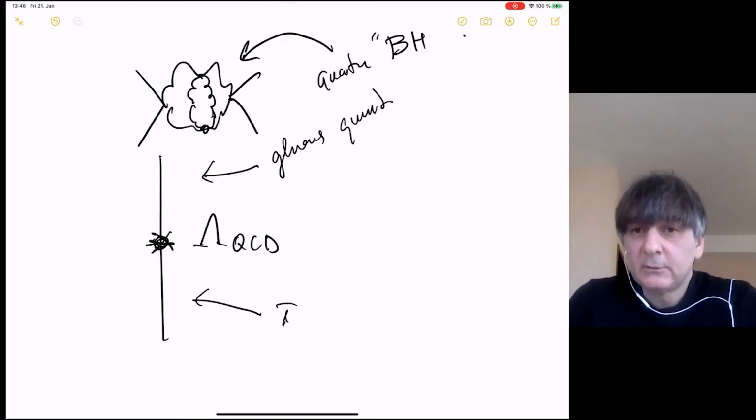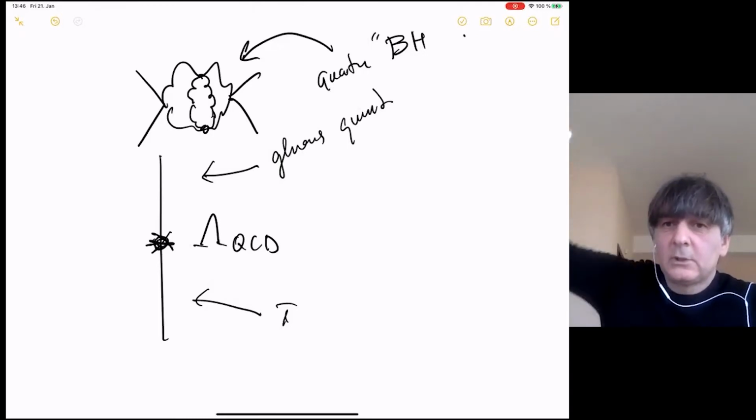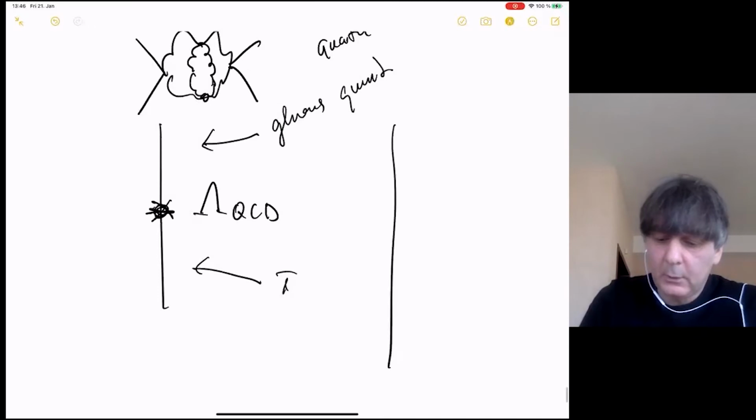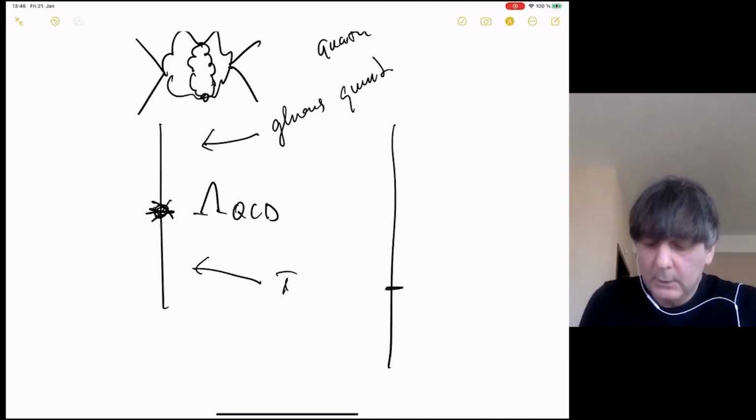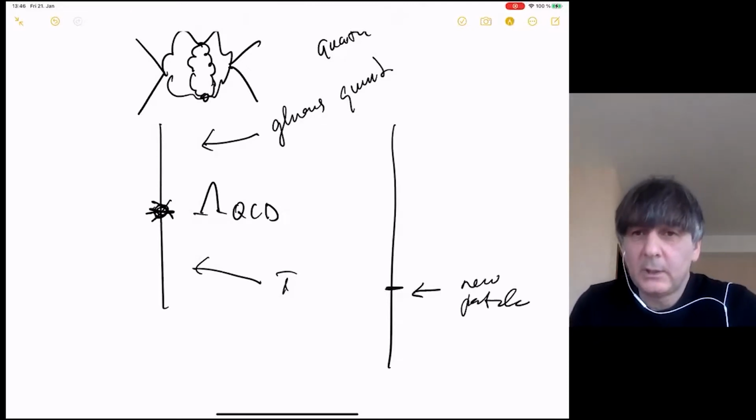This is very different from other threshold corrections. For example, if you introduce a new particle somewhere, for example supersymmetry or a new particle, that is different because I can integrate in a new particle while the theory is still weakly interacting, and compute the contribution from the new particle.